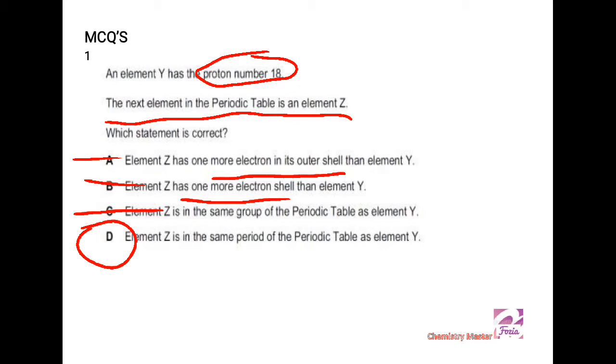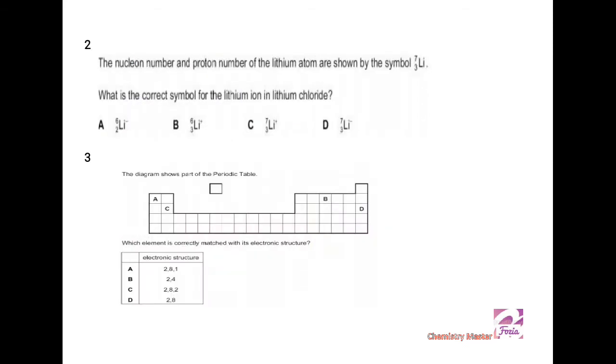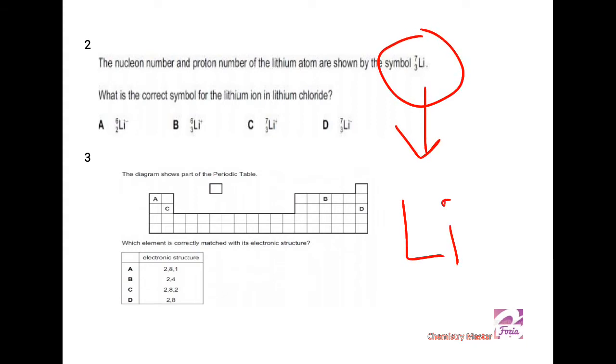The next MCQ is: the nucleon number and proton number of the lithium atom are shown by the symbol Li. 3 is its proton number and 7 is its nucleon number. What is the correct symbol for the lithium ion? Whenever lithium reacts, lithium loses an electron and gets a positive charge.